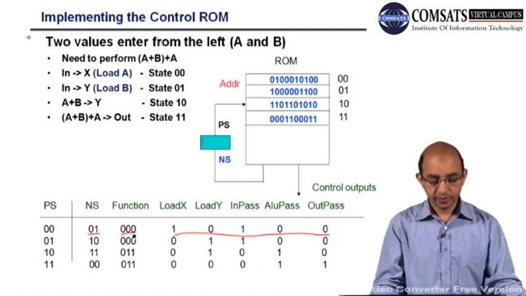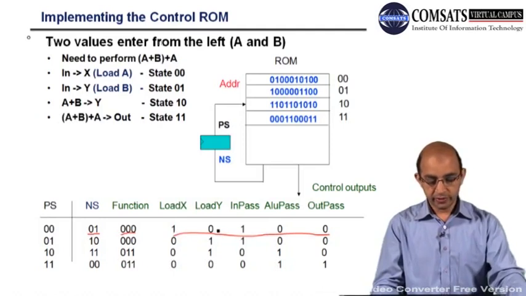So next state function: load has to be 1, so it's 0, in pass is 1, and these are zeros. Each bit position or combination of different bits is a different instruction for different units, different paths. Similarly we have the next one.